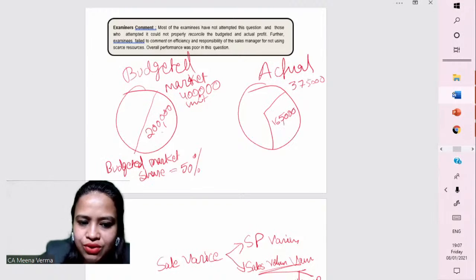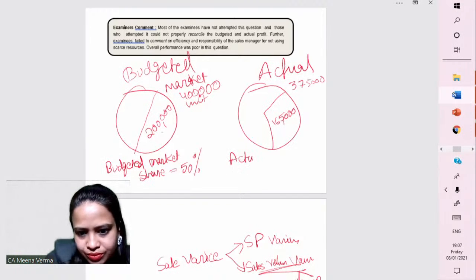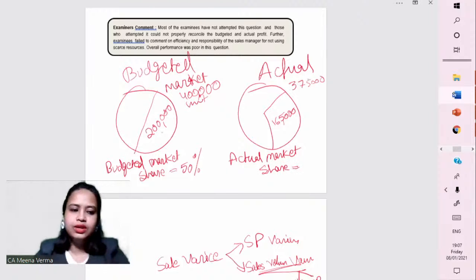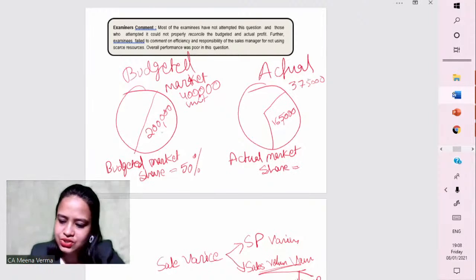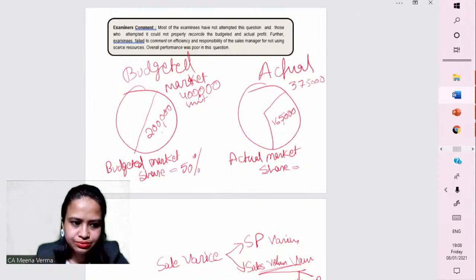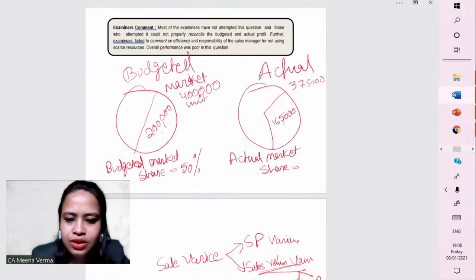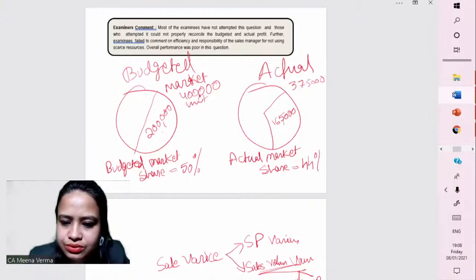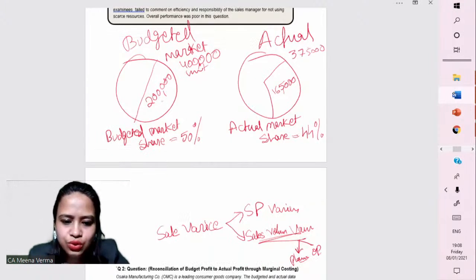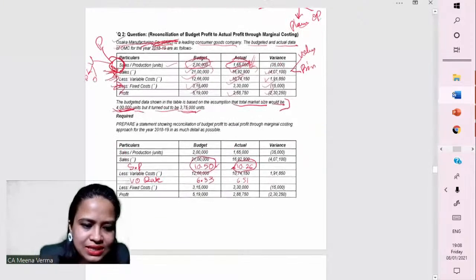So this way you can find the actual market share of this company. What is this value? Yes, this is 44%.